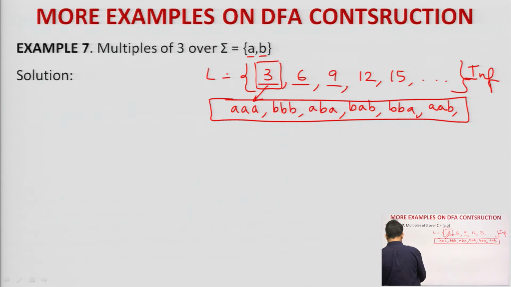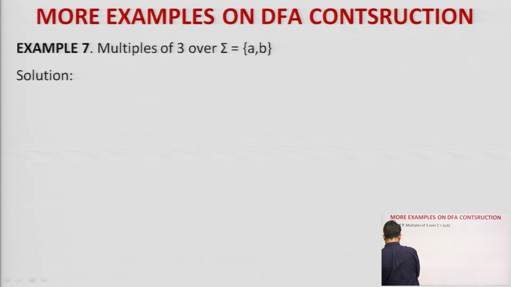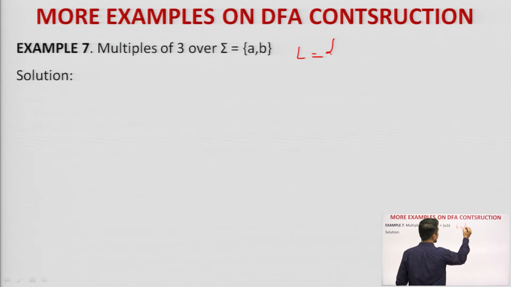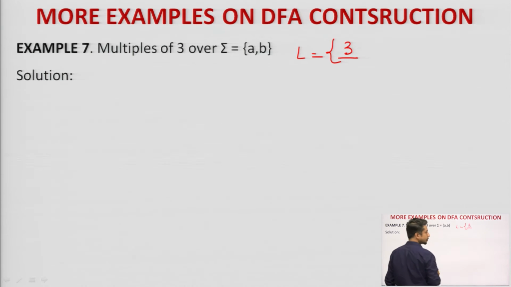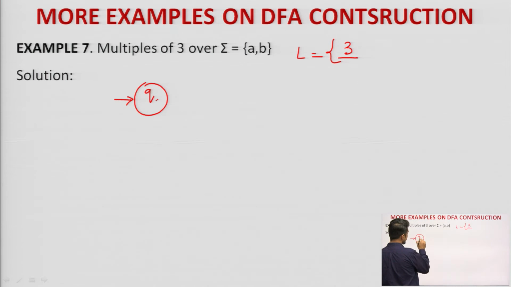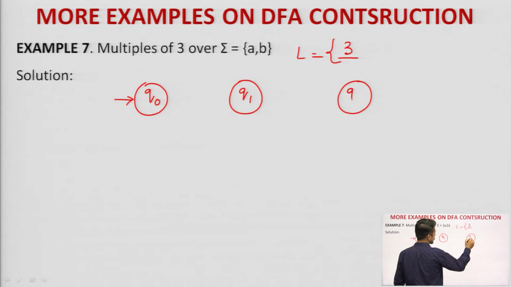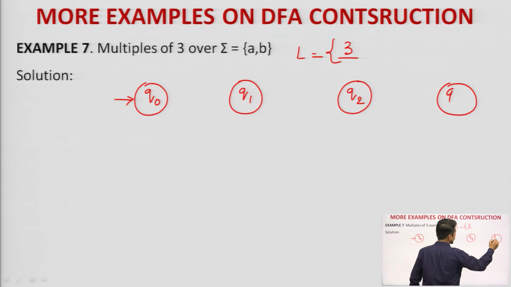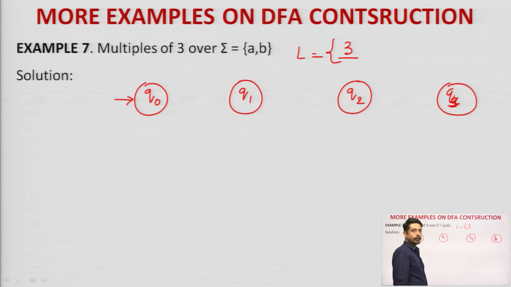How? Let me show it to you. Let me take first of all length equal to 3. This defines the multiples also. So, if I say initial state as q0, one more state q1, one more state q2, and let me take one more state q3, these are the 4 states I have taken.